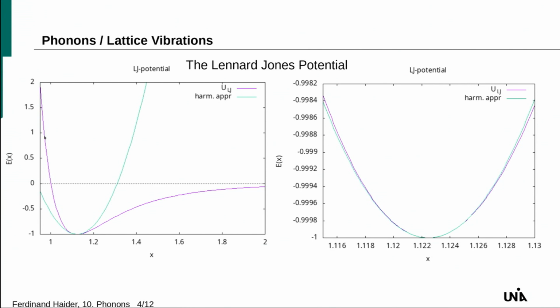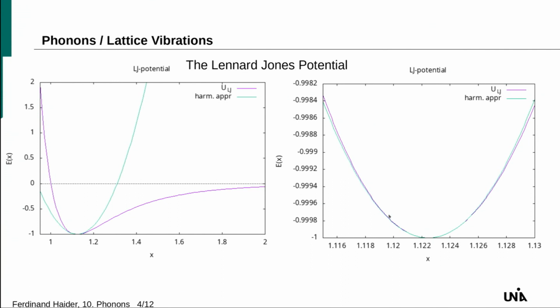That's the Lennard-Jones potential, just to give an example here, which can be approximated by this green graph here, which is just a parabola.